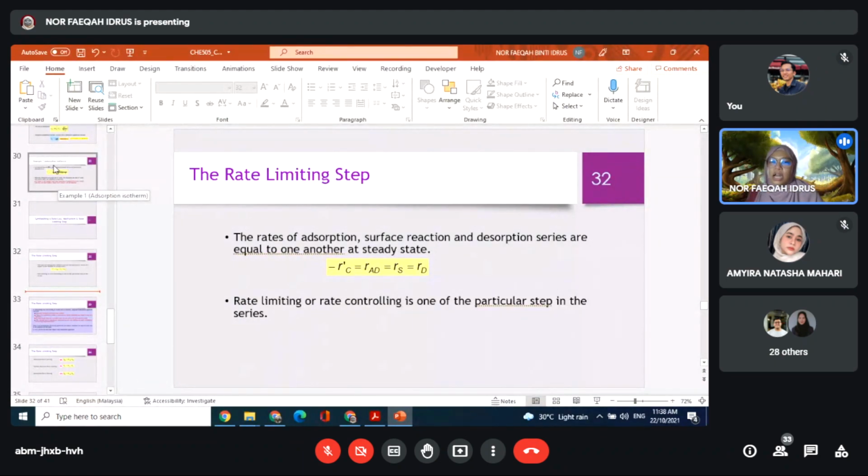So next week saya akan tunjuk for each case: adsorption rate limiting, surface reaction rate limiting, and then what will happen if surface reaction is irreversible. Dia ada banyak case study yang kita akan tengok. Okay, from that baru you boleh understand on how to determine the overall rate law equation, ataupun overall rate of reaction, for the catalytic reaction.